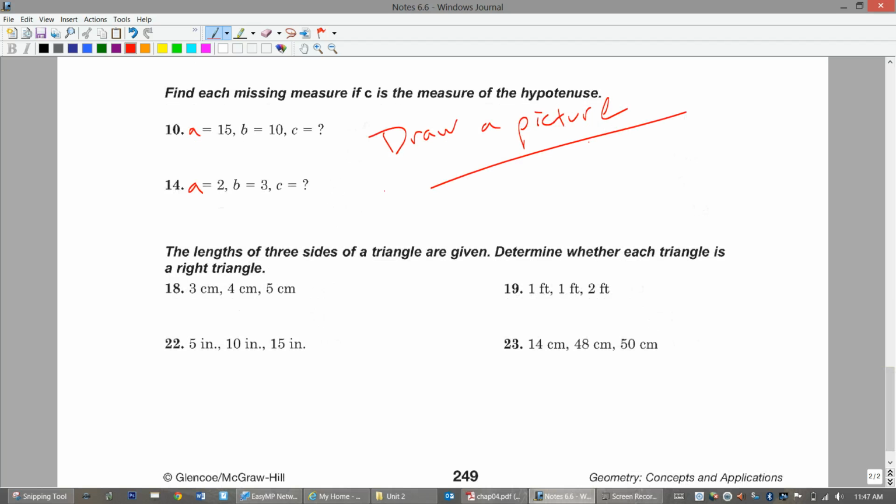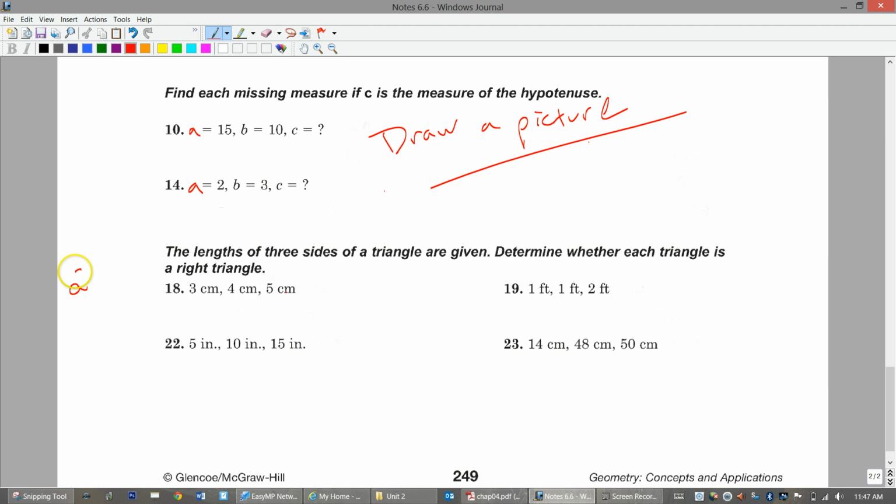Okay, back to ones that are more similar to what we need to deal with in high school. We need to see if 3 sides of a triangle actually give us a right triangle, because it's not necessarily a right triangle, okay? For a triangle to be a right triangle, the squares of the lengths of the legs have to equal the square of the hypotenuse.